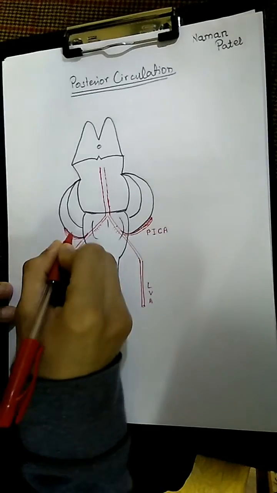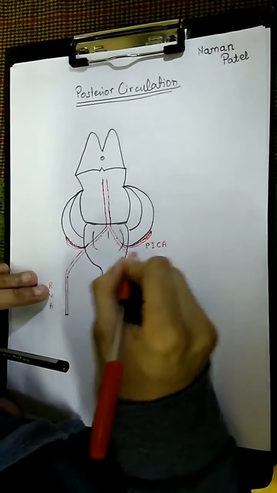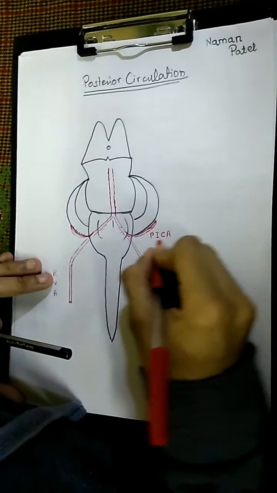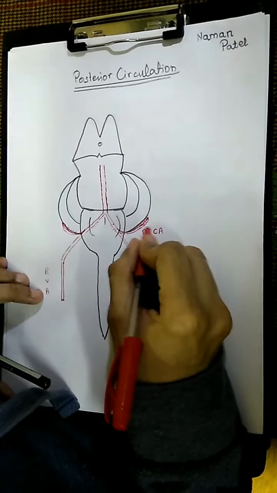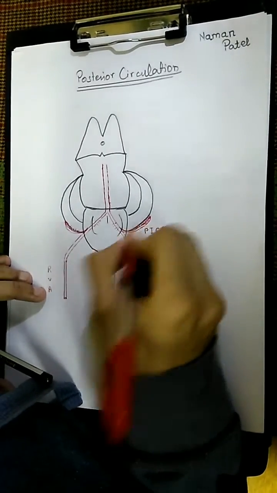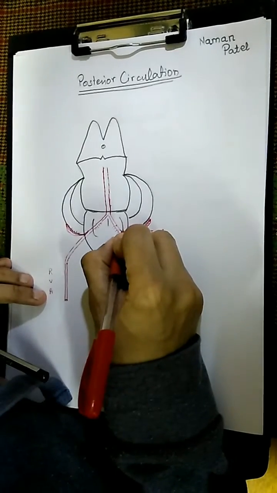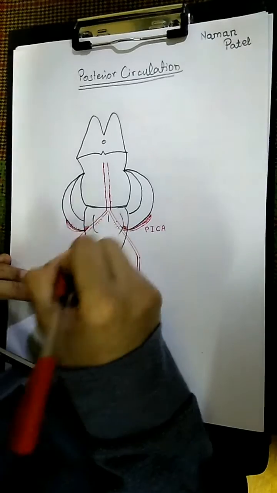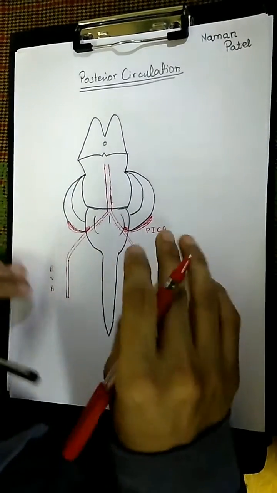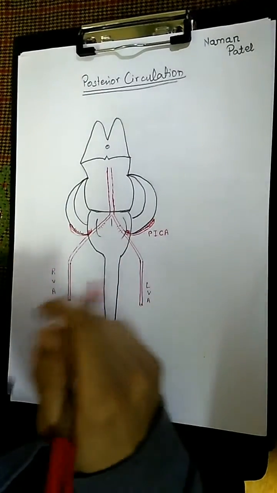PICA supplies the posterior inferior aspect of the cerebellum and also the anterior aspect of the medulla.